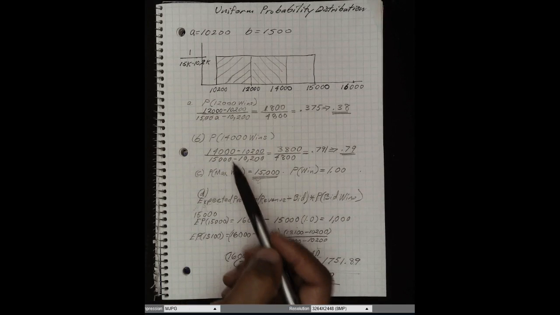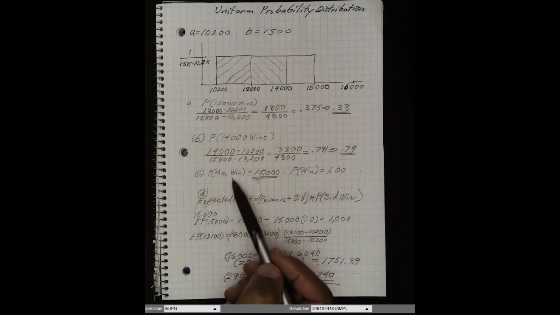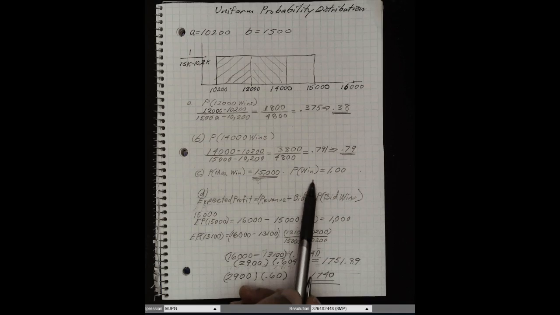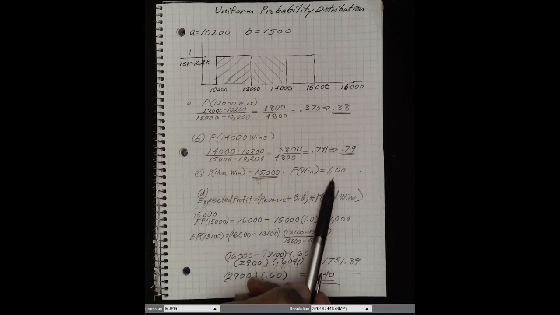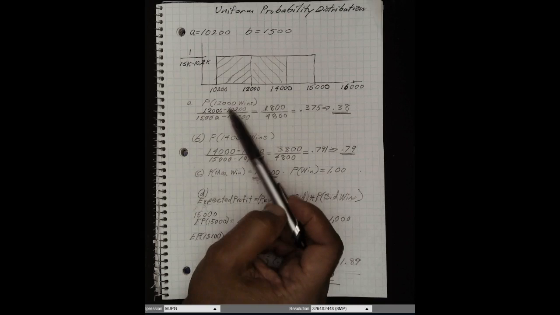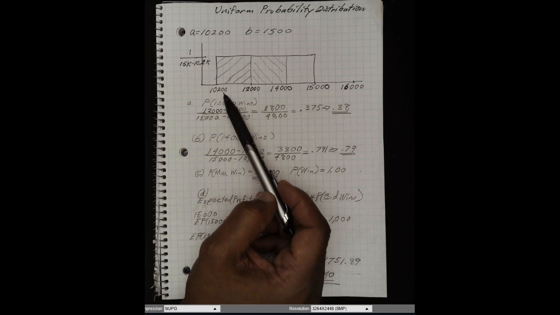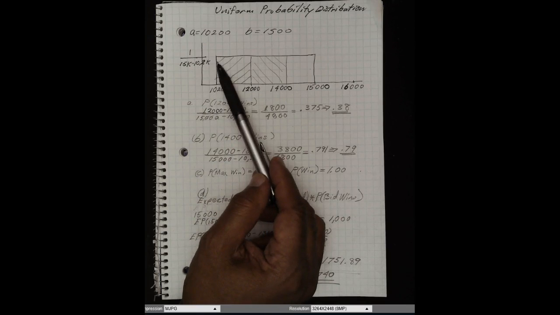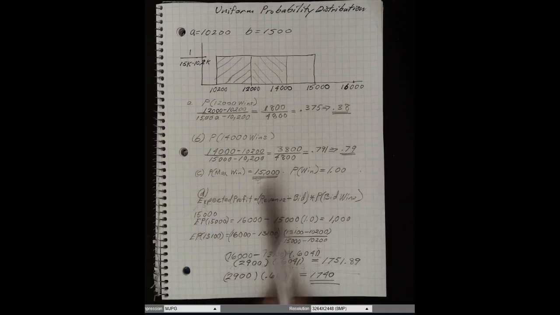So that maximum bid would be at 15,000, where the probability of winning is 1, because that would be 15,000 minus 10,200 divided by 15,000 minus 10,200. 1 over 1, that would maximize the probability that you win.